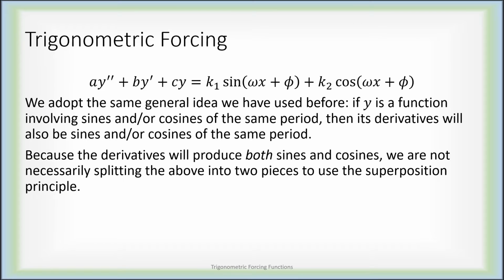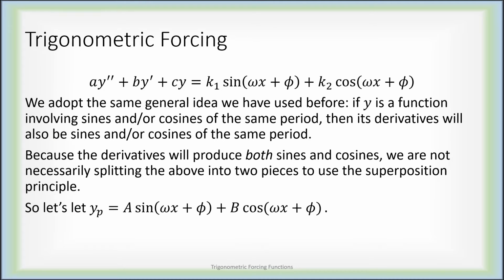And similarly, if we started with a cosine, you can't really just suppose, well, why don't I just start off with a sine function if I want to produce a sine function? And why don't I just start off with a cosine function if I want to produce a cosine function? Because the derivatives will go back and forth between the two, if you're only looking for sines or only looking for cosines, your particular solution might still need both.